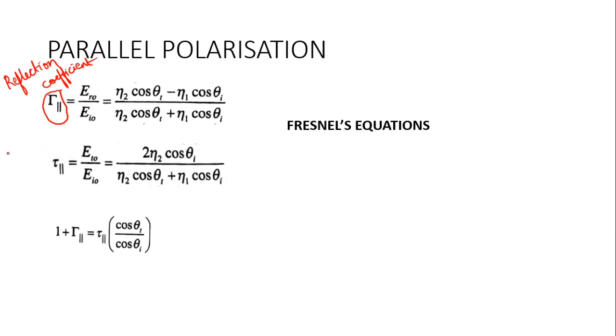And this is the transmission coefficient. So the transmission coefficient corresponding to parallel polarization, ET naught by EI naught, is equal to, in both cases the denominators are the same, eta 2 cos theta t plus eta 1 cos theta I, and the numerator is 2 eta 2 cos theta I. So these are the equations.